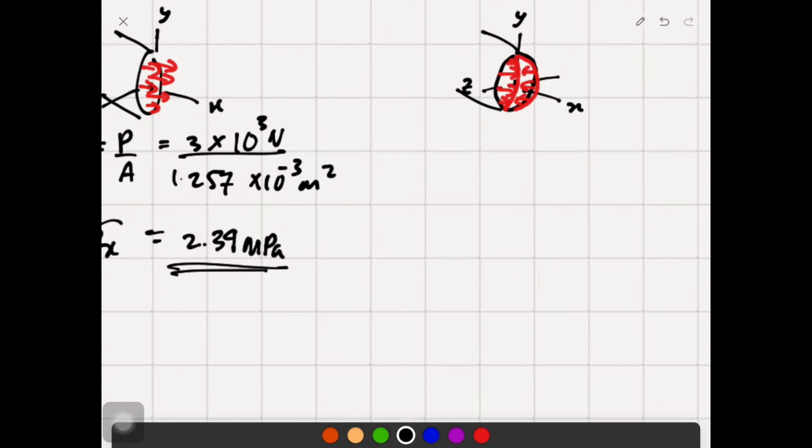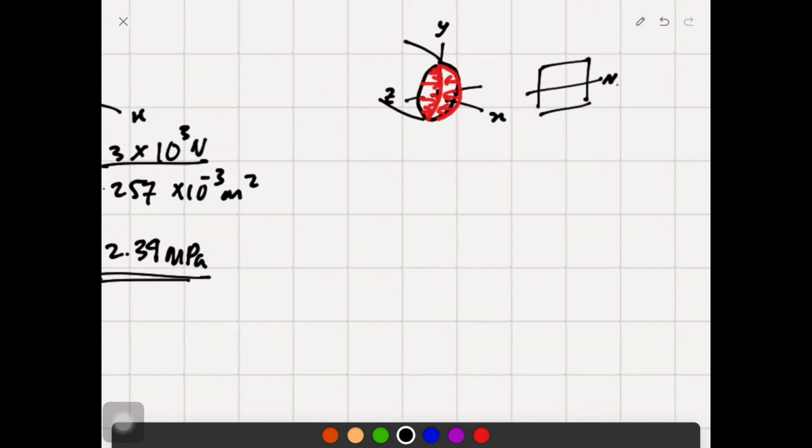I would like to show you this. We have, for example, a neutral axis for this prismatic beam, and what I would like to show is that the maximum of the bending occurs on the outer skin or outer fiber of the structure.